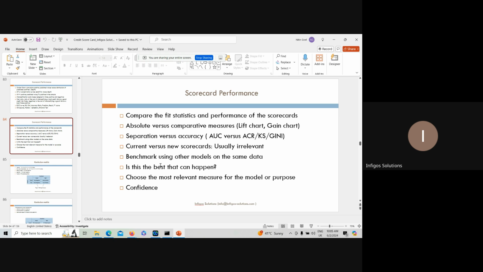In some cases, you compare the performance of the current scorecard versus the new scorecard. Normally this data is different in the current scorecard and old scorecard, so the comparison will not be apples to apples. So you might skip this kind of comparison, or you might make some other model using some other technique on the same data and then compare the performance.